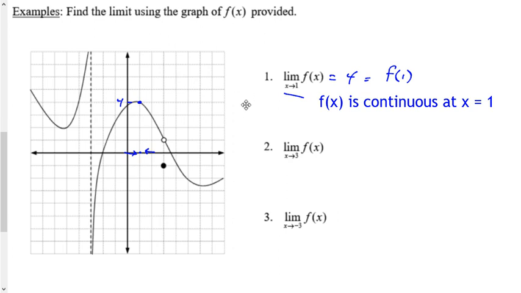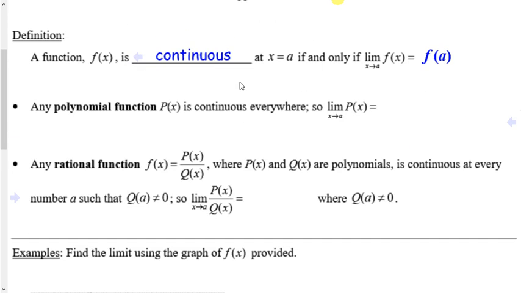Well, let's go back up here. We'll finish off with these bullets, and then we'll come back to that example. Any polynomial function is continuous everywhere, which means that the value of the limit is equal to the value of the function at any point on that function, or any x value. That's partly because our polynomial has a domain of all real numbers, but that's not the only condition that we have.